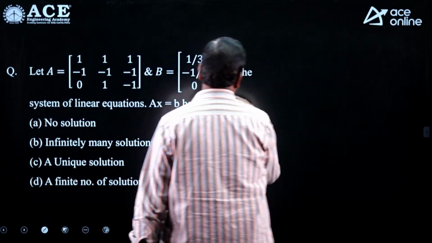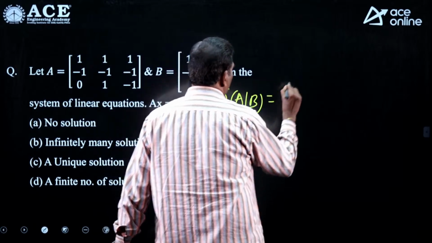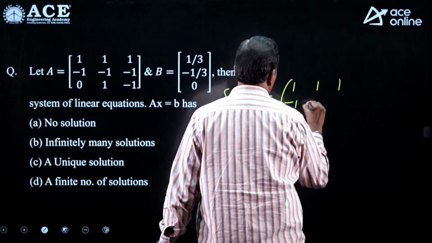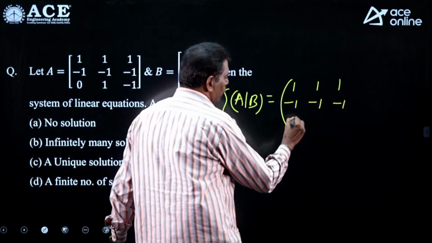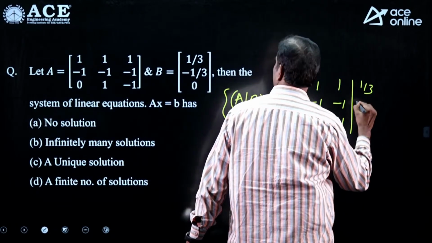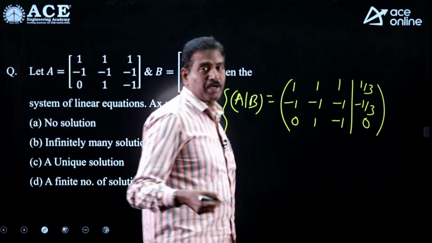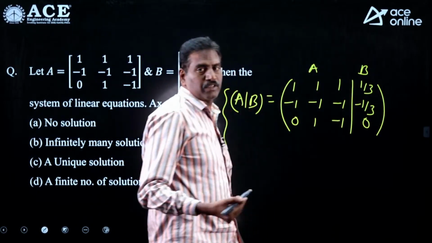Generally, take the augmented matrix here, AB, that is 1, 1, 1; minus 1, minus 1, minus 1; next 0, 1, minus 1; coming to B, that is 1 by 3, minus 1 by 3, 0. Okay, convert the matrix into echelon form. This is A, and if you include the last column B also, that is AB.